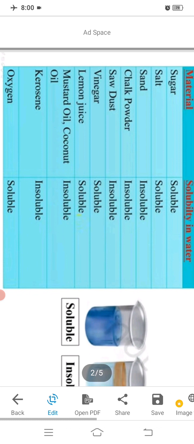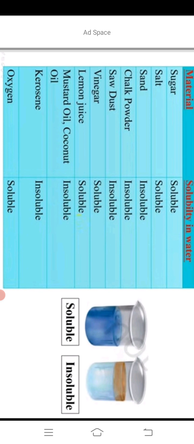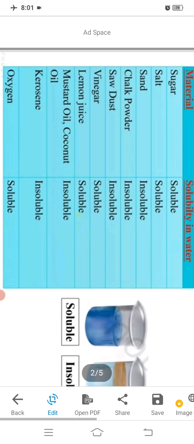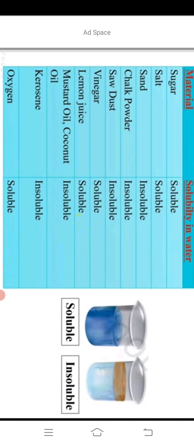Next, like solids, some liquids get completely mixed with water. See the examples: vinegar, lemon juice. And some other liquids do not mix with water and form a separate layer when kept aside for some time.